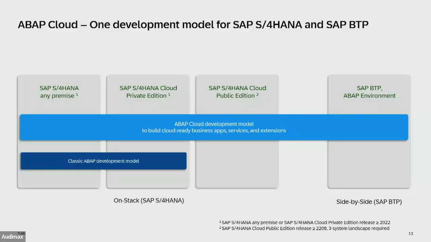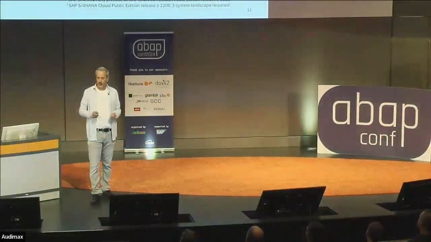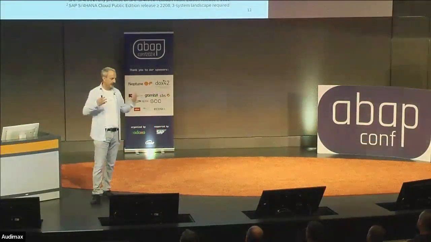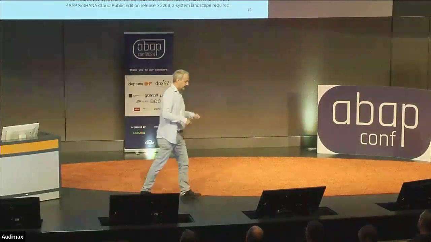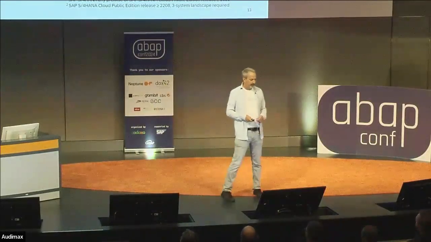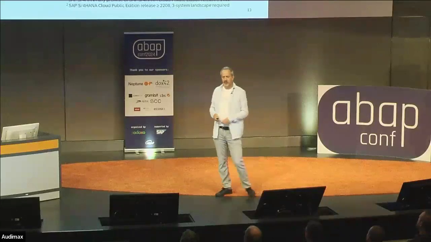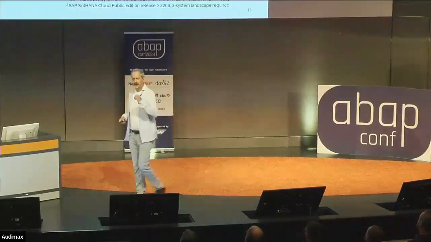The second statement is, in public cloud, be it S/4HANA public cloud or BTP, only ABAP Cloud is allowed, no classic ABAP. Just because we need here the full clean core compatibility, we have automated updates, there's no way to use classic ABAP. In S/4HANA private cloud and on-premise, still classic ABAP is allowed.